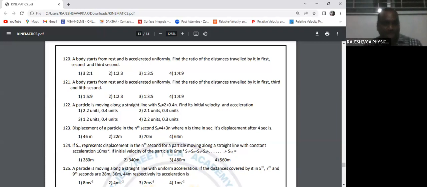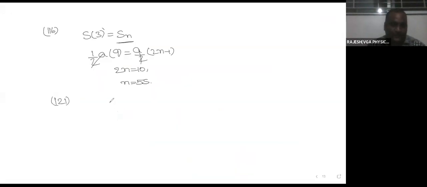Odd numbers. 112. A particle is moving along a straight line with Sn is equal to 2 plus 0.4n. Find its initial velocity and acceleration. Let us look at this model. Sn is equal to 2 plus 0.4n.